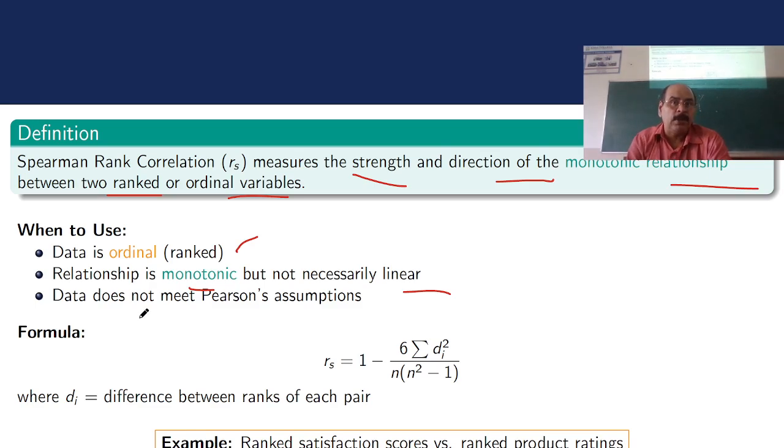So if Pearson's coefficient is misleading, we go with Spearman rank correlation. It's an alternative, but we don't need to go into it in detail.